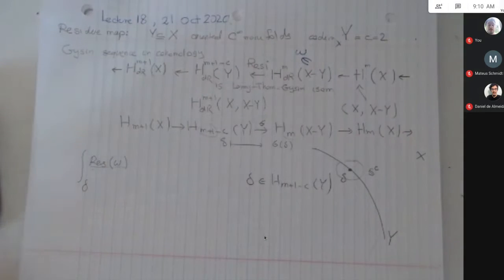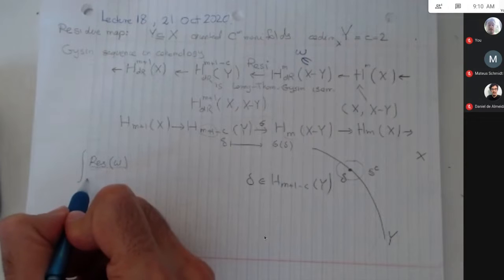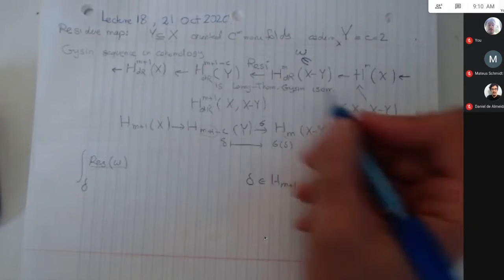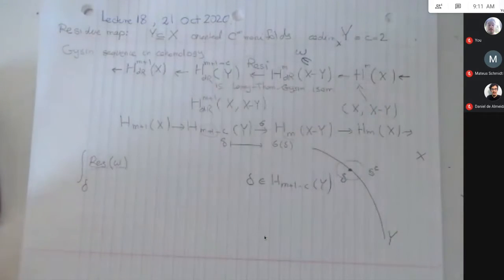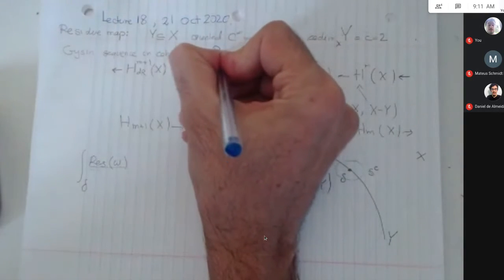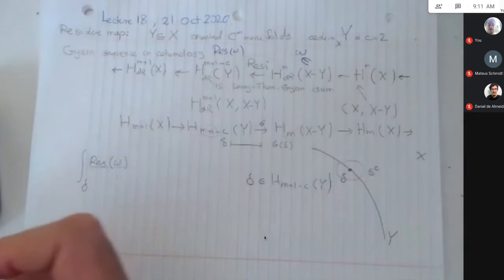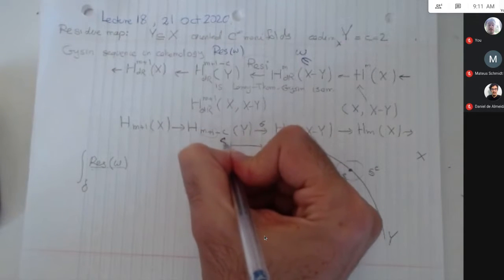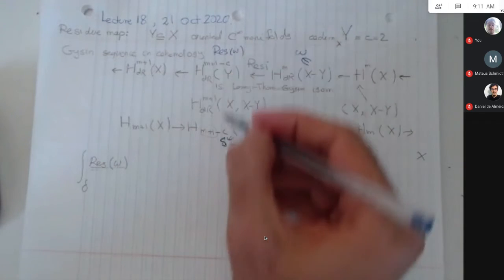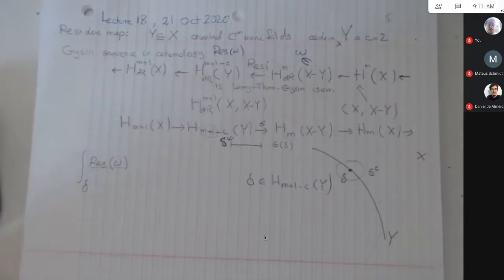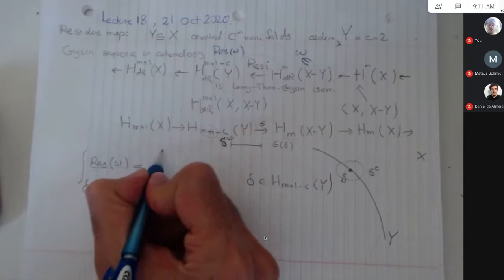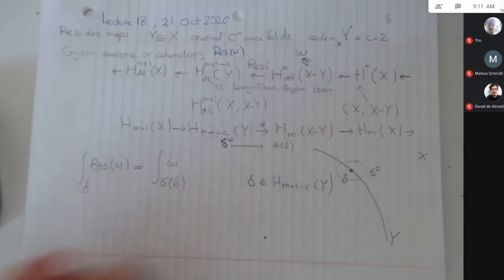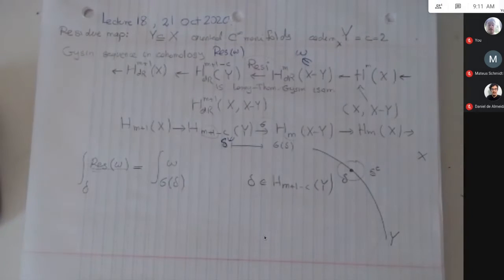In order to define the residue of omega, I have to say what its integration over delta is. If I take delta here, I have to say what the integration of this one is. And by duality, this must be the integration of omega over sigma delta.